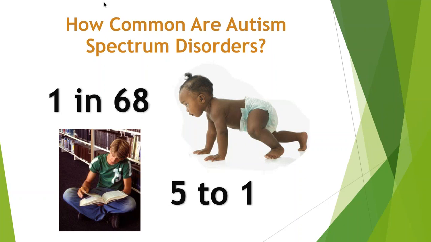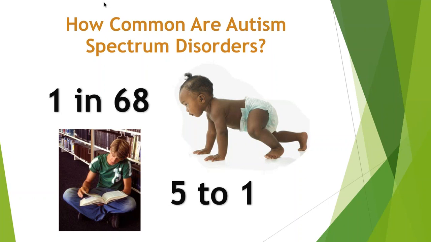Additionally, for the folks coming into your libraries, if you have a person with autism, most likely it will be a male. Males have autism at a much higher rate, 5 to 1, than females.